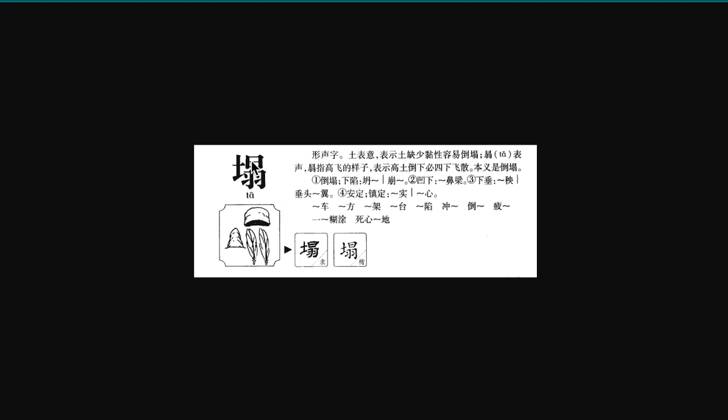You can see that on top is the sun, and at the bottom are two feathers, which means flying high. They are trying to say that anything that goes high will eventually come down to the ground. That's what they're trying to say here.